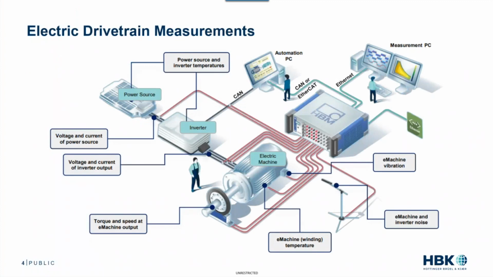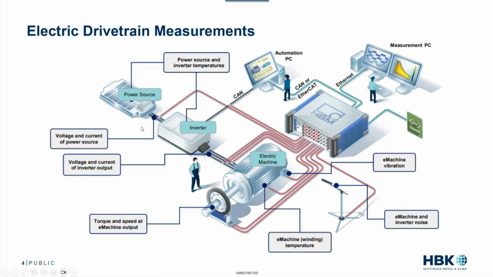I'm sure all of you are aware of the landscape of measurements that happen in an electric drivetrain, but just to get us all speaking the same language, in a dyno test cell for an electric drivetrain, you typically have a power source, an inverter, and an electric machine.